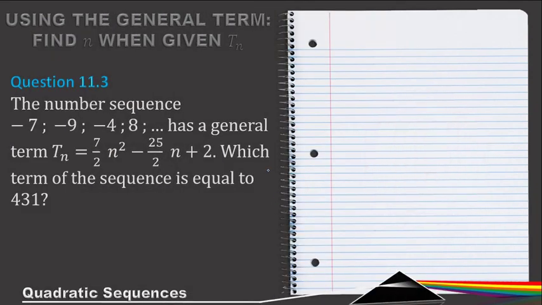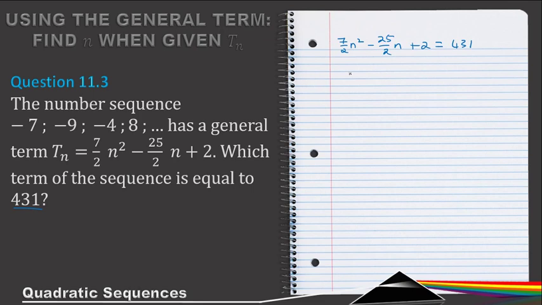Question 11.3, we have this number sequence with a general term of Tn equals this. Which term of the sequence is equal to 431? Okay, so 7 over 2 n squared minus 25 over 2 n plus 2 must be equal to 431.